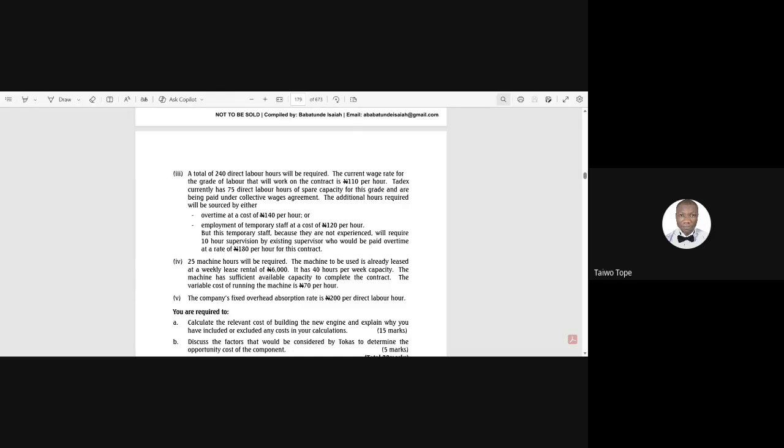But if you don't use it, the product will have to be disposed. Then you incur the cost of disposal. That cost will be an addition. But if you should use it, you will not incur that cost. It means there will be cost savings.